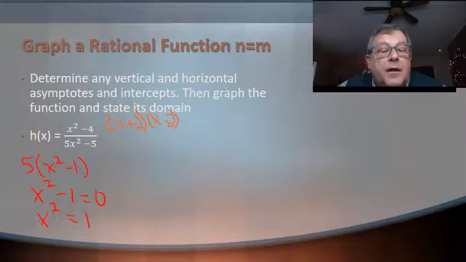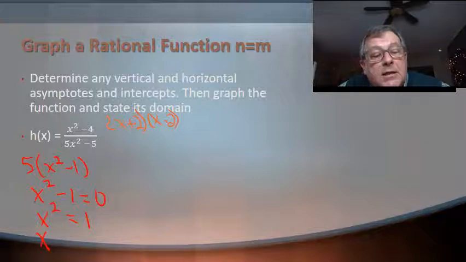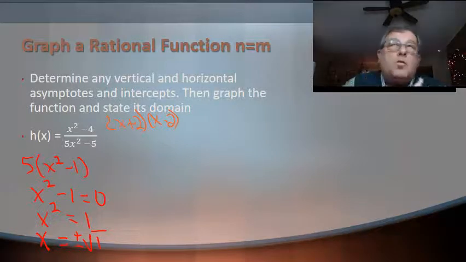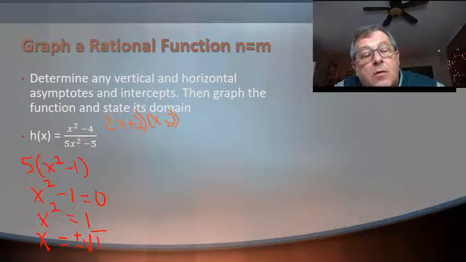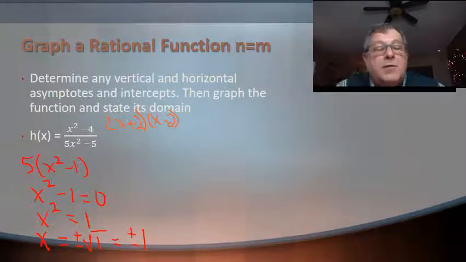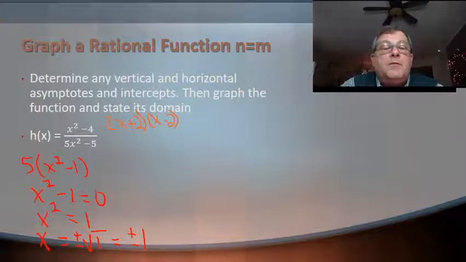And if I want to get rid of the x squared, I can take the square root of both sides, and that's going to leave me with x equals plus or minus the square root of 1. Well, the square root of 1 is 1, so that's going to be plus or minus 1. Now, that's giving me both the vertical asymptotes as well as the domain restriction.